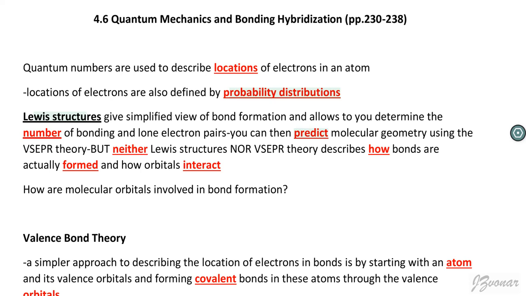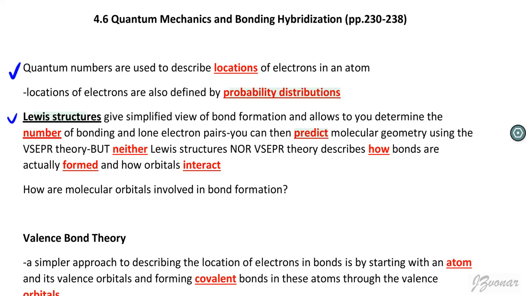We know up until this point that quantum numbers are used to describe the location of the electrons in an atom. So it tells us the overall probability of where the electron pairs are going to be found. We've also been introduced to the Lewis structures, and we use Lewis structures to help us in visualizing the bond formation between atoms within molecules.